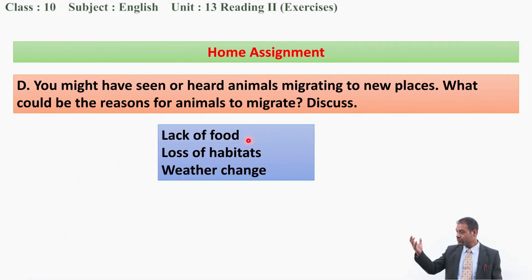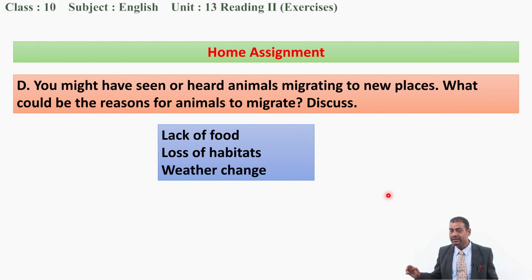If they do not find food, then they have to travel from one place to another to find food for them. Next reason might be loss of habitats. If they don't find their natural home, then they may travel from one place to another.